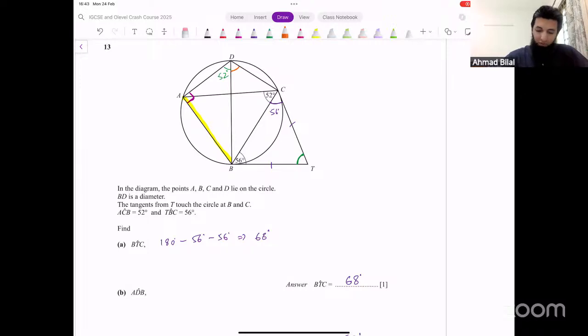Okay, so what do we know already? We know that this is a right angle, and this whole thing is also a right angle. Now keep that in mind while we try to figure that out.